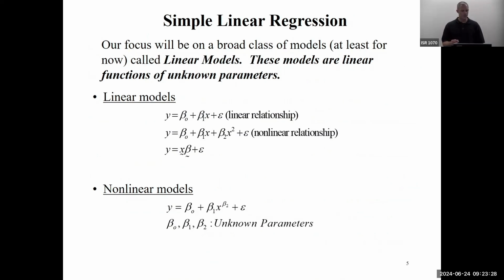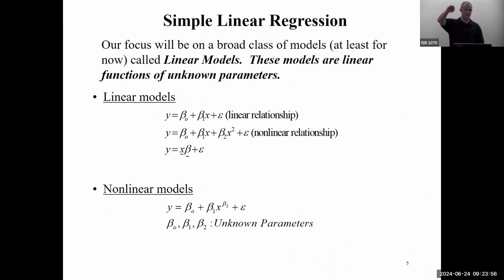So a very simple example of a linear model with a single predictor is that first regression equation that you see here on slide 5, where we say that the dependent variable y is a linear combination of the parameter beta 0, the parameter beta 1, the predictor variable x, and then again, this statistical device called the error that captures the fact that the model does not fit that data perfectly.